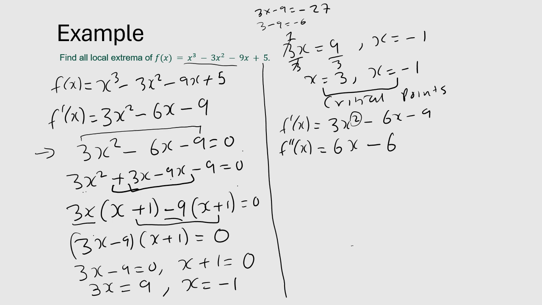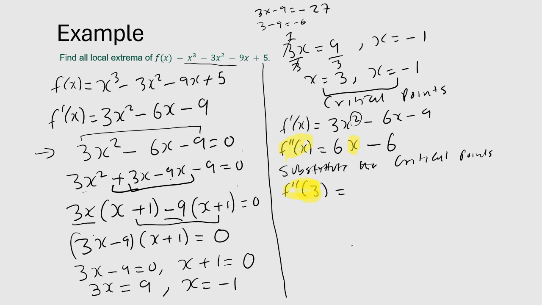Next, I will substitute my critical points. Let's substitute the first one, f double prime of 3. Instead of x, I put 3 there.